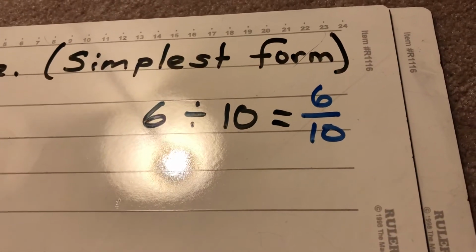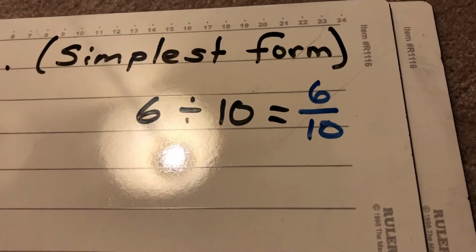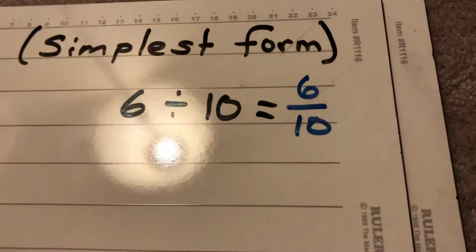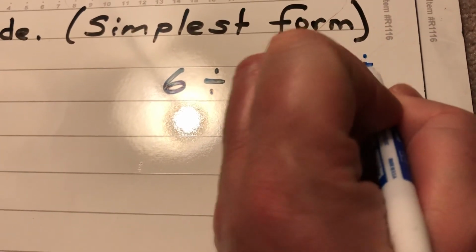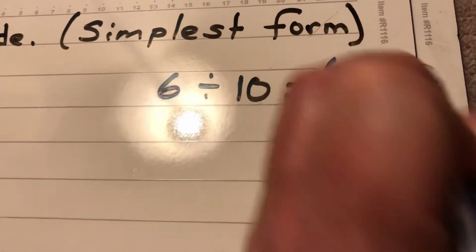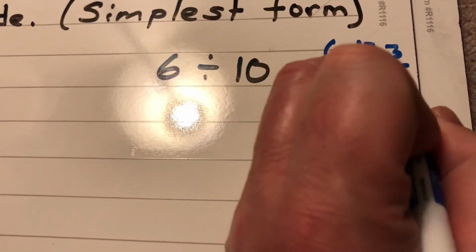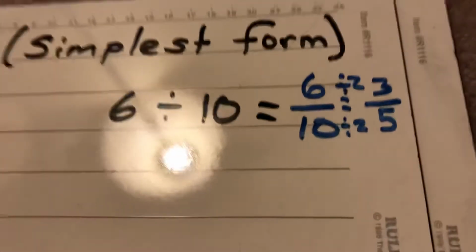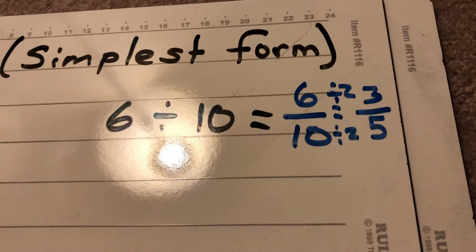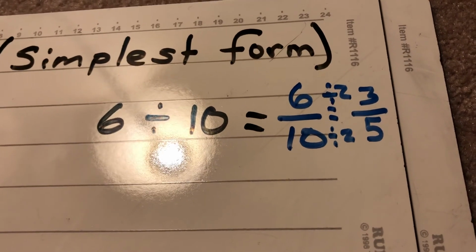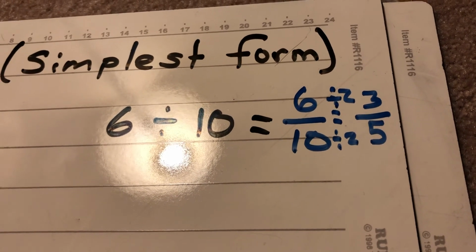I realize that both 6 and 10 are even numbers, so I can divide them both by 2. 6 divided by 2 is 3. 10 divided by 2 is 5. The only number that can go into both 3 and 5 is 1. So 3 over 5, 3/5, would be in simplest form.